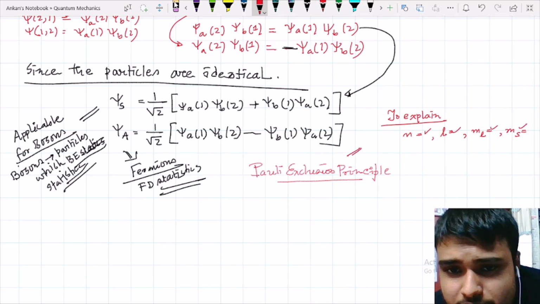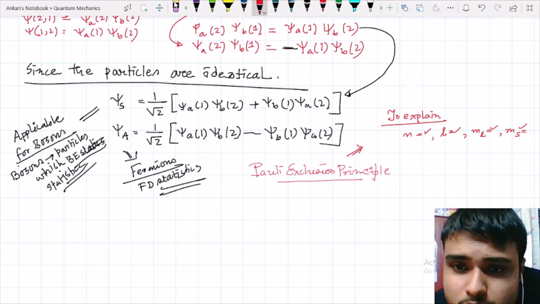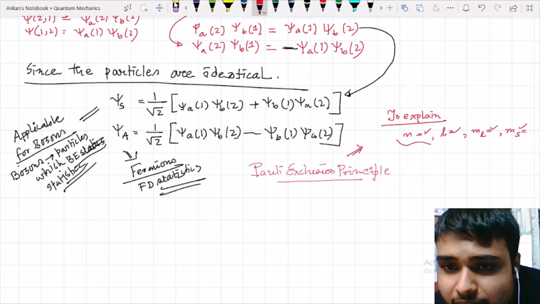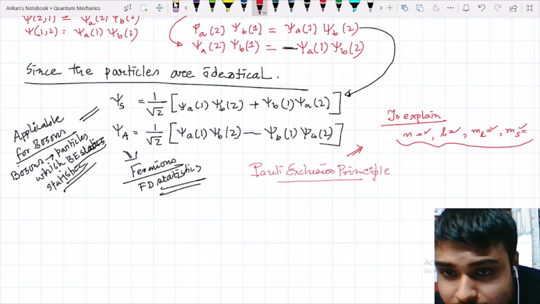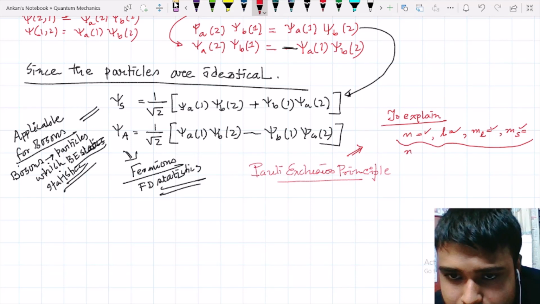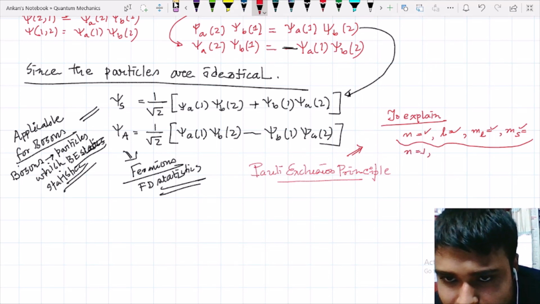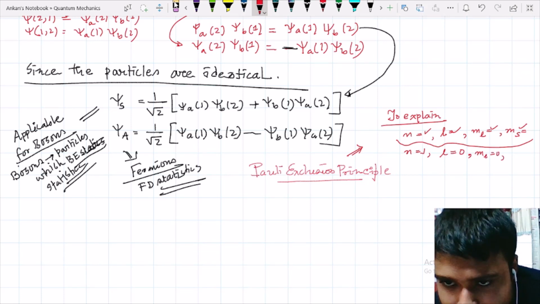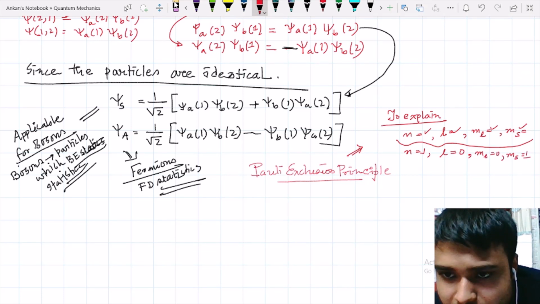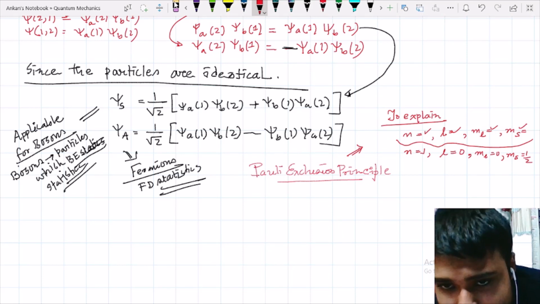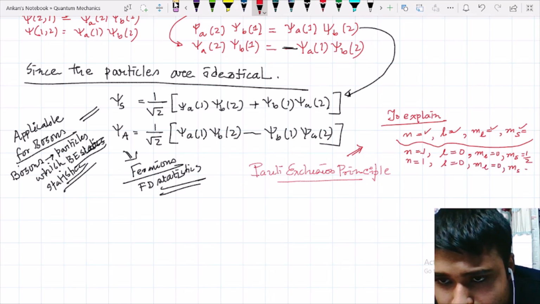So the Pauli exclusion principle says that no two electrons can have the same set of four quantum numbers. Let's suppose an electron has n equal to 1, l equal to 0, ml equal to 0 and ms equal to half, and another electron in the same state, n equal to 1, l equal to 0, ml equal to 0 and ms equal to half.